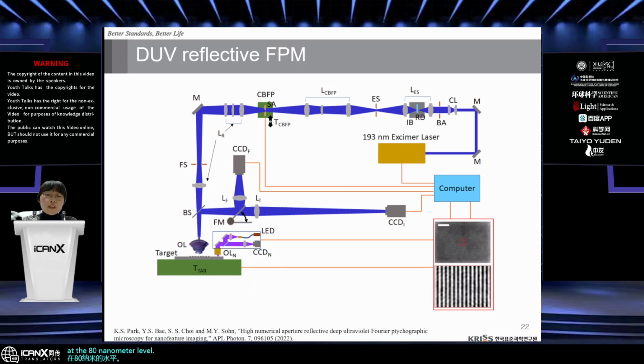In this research, NIST set up an experiment using a 193 nanometer excimer laser and a high NA objective lens, both of which are bulky and highly expensive. Since the excimer laser has high spatial coherence, they use a rotating diffuser to prevent speckle noise caused by its spatial coherence.